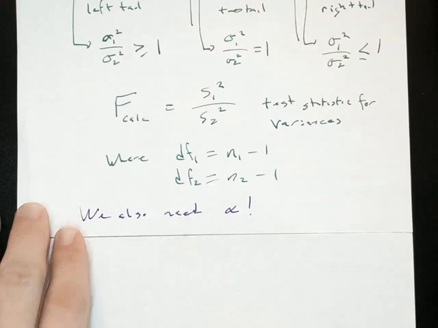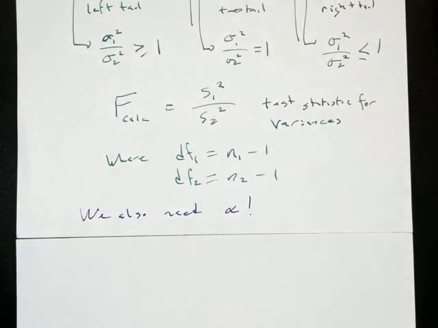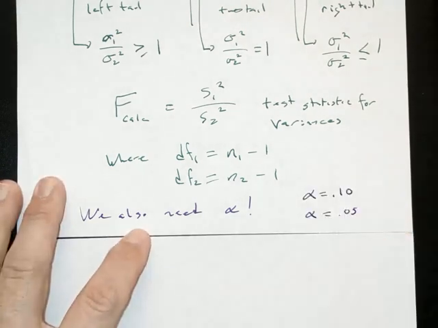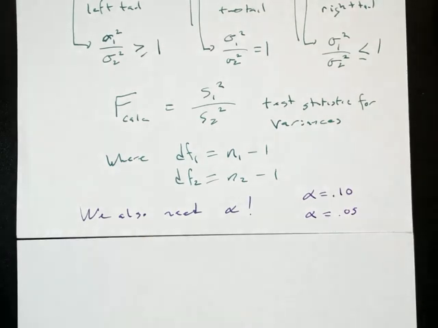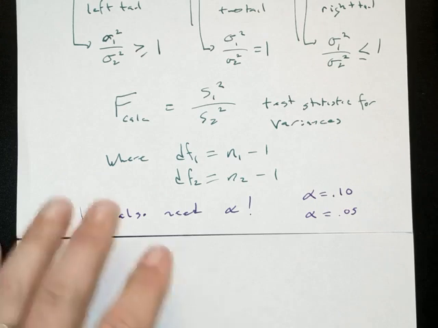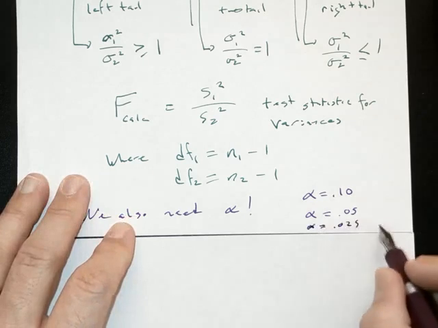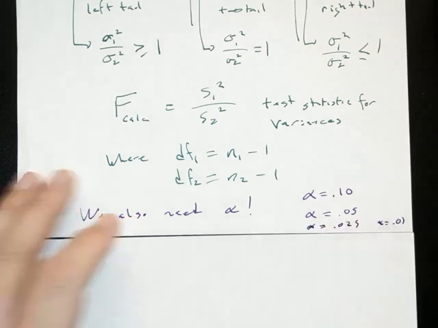Now, in our textbook, there are separate tables for each alpha. Alpha being 0.10, alpha being 0.05. I think the third table is 0.01. No, it's 0.025. There is a table for 0.01. So there are a lot of F tables.